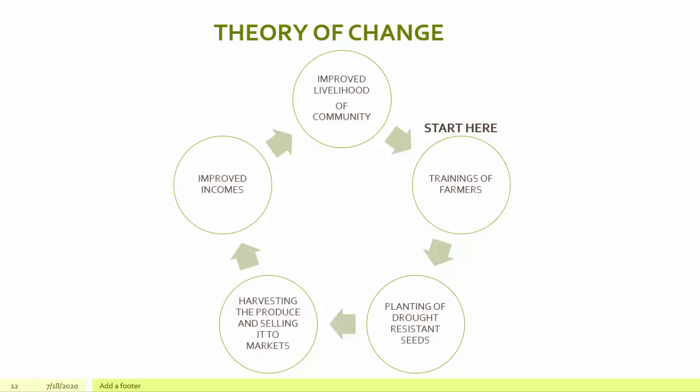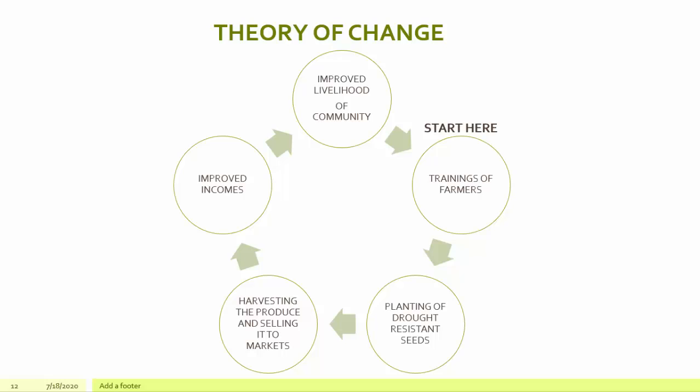After you train those farmers on how to find lucrative markets and also on how to plant the crop correctly, then the farmers start to plant the crop, which could be a drought resistant seed, in the correct manner, following the strict guidelines and instructions that are required.